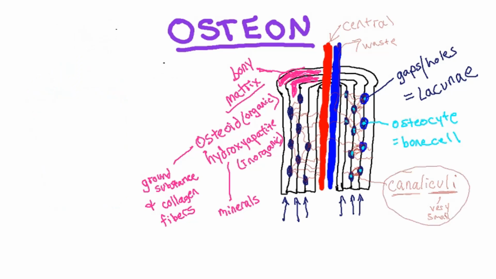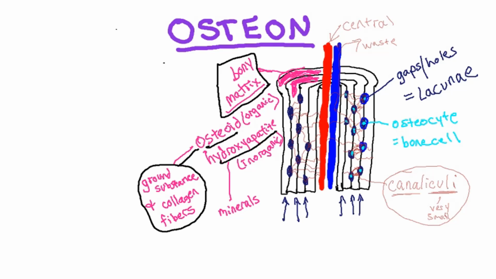Now, one more thing to go back to: since the lamellae is made of the bony matrix, and the bony matrix is made up of osteoids and hydroxyapatite, and the osteoids are ground substance and collagen fibers.